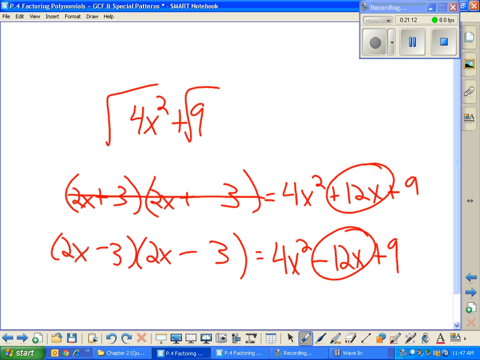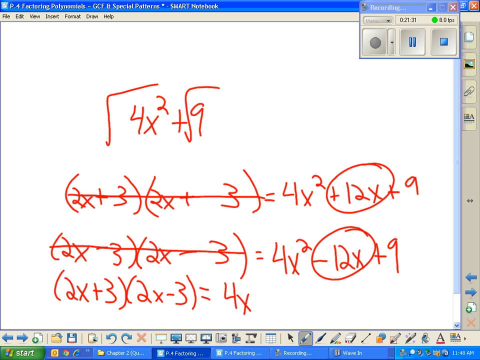Again, we get this vexing bx term in the middle. So this doesn't work. You could once again try 2x plus 3, 2x minus 3, but you guys know what that yields. That's going to yield 4x squared minus 9, which is not 4x squared plus 9, not the same thing.